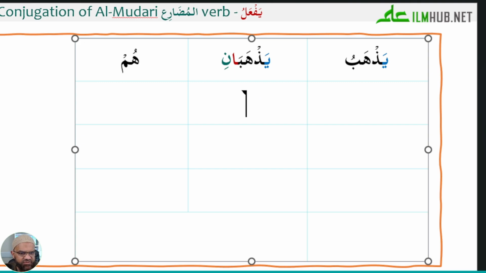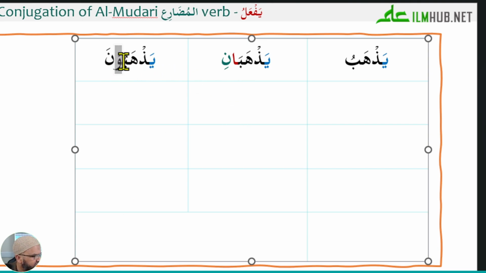The third version, which is the hum version, again, I'll copy the first section to make life easy. So the first is the harf of mudara, which you can see here, ya, with the fatha. And then first root letter takes a sukun. The second root letter takes a fatha. And then the third root letter here is going to take a dhamma because the doer here is hum, which is represented by waw, and we have our noon at the end.